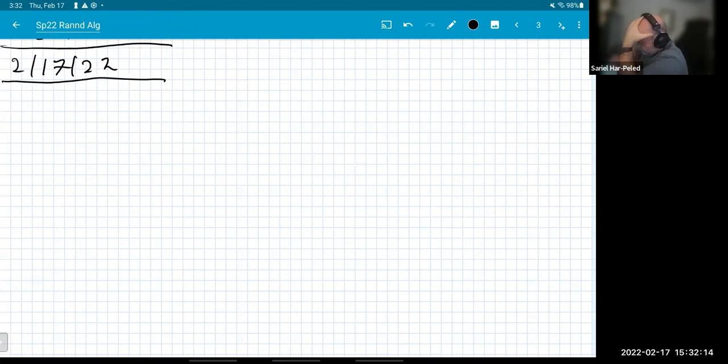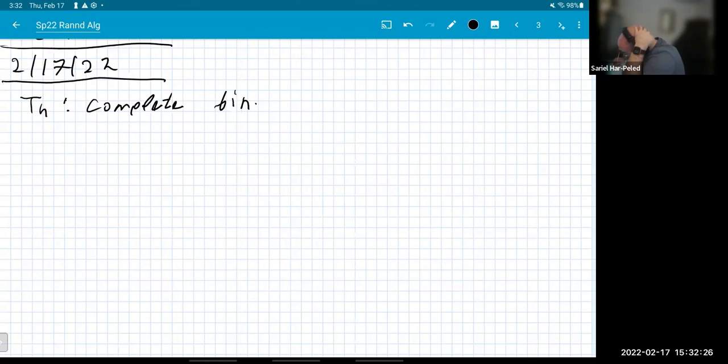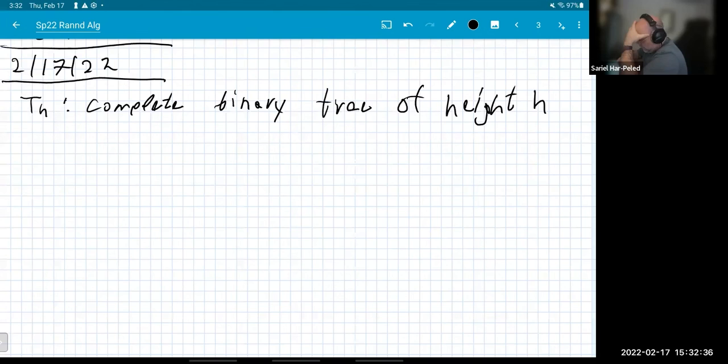So let TH be the complete binary tree of height h. Complete binary tree means that it has 2 to the h leaves, right?